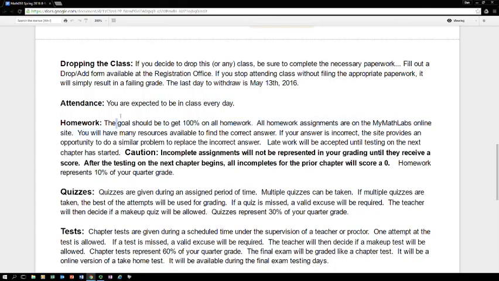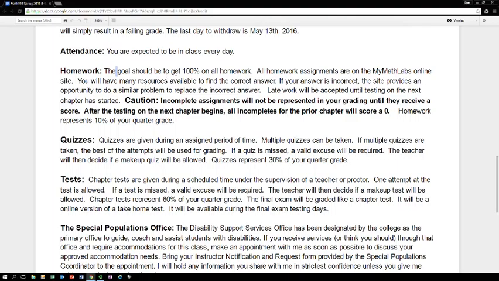Some things about homework. The goal is to get 100% on all homework. What I do, and I've already made all the assignments, or almost all the assignments for your class. They're all in there. You can work ahead, or even if it goes past a due date, I allow you to work past due dates.